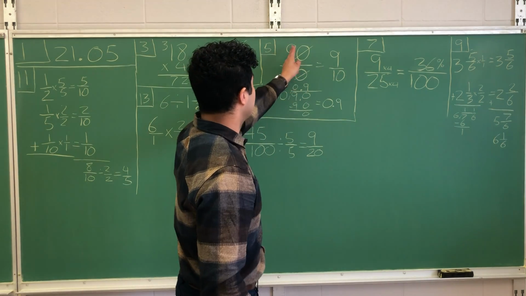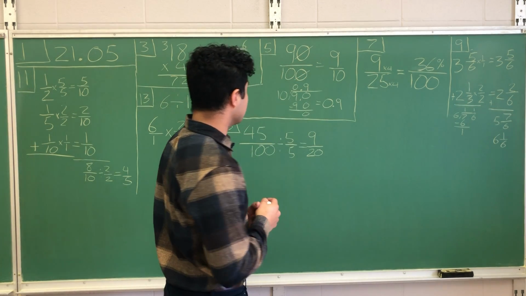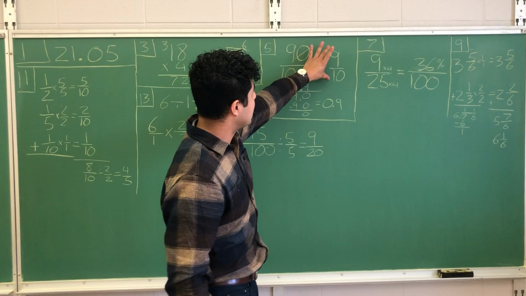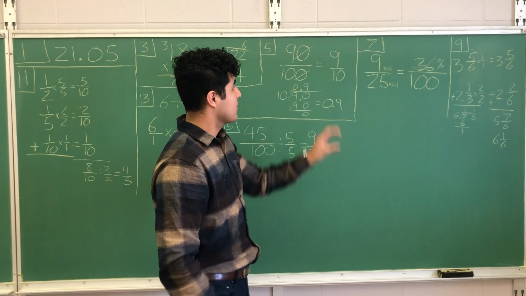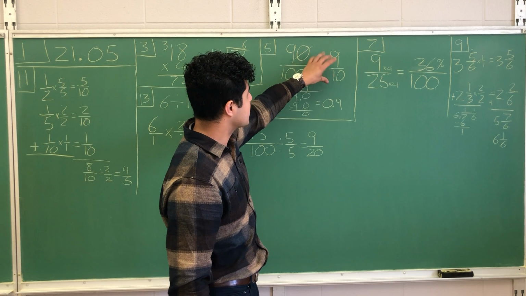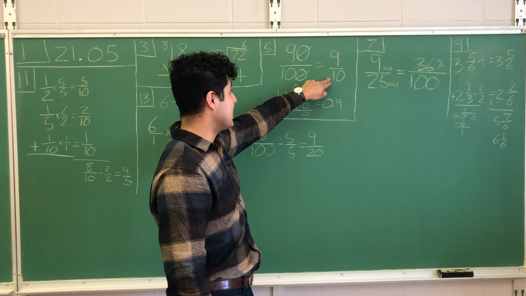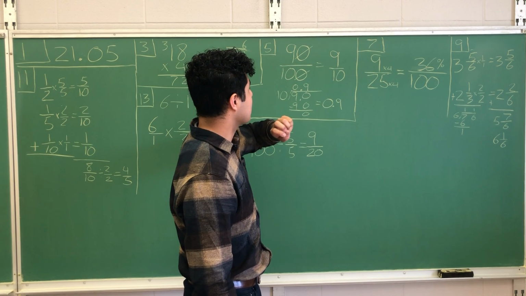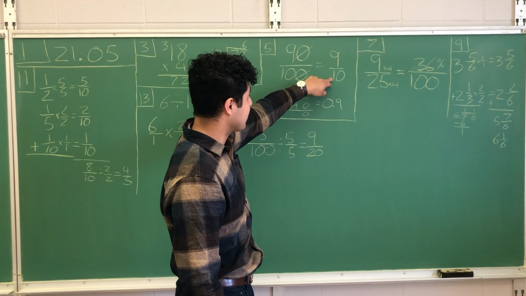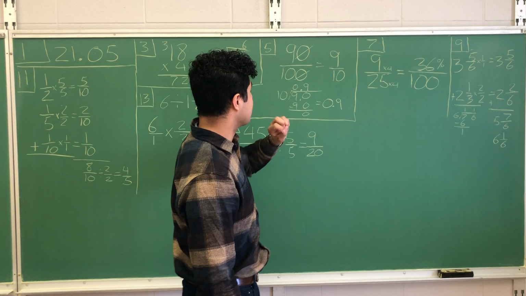So 9 over 10 is my reduced fraction. Now they've asked us to turn it into a decimal. Very simple. A fraction is a division problem with the denominator being the divisor and the numerator being the dividend.